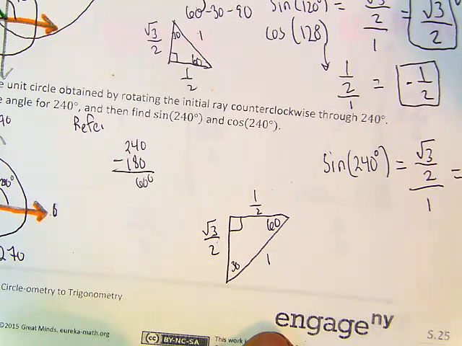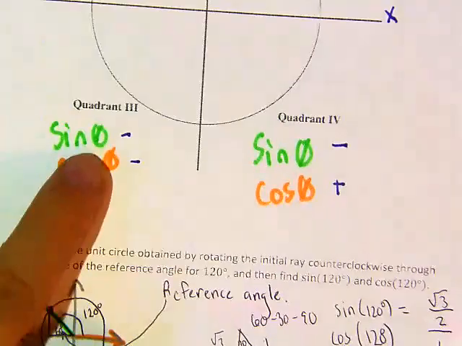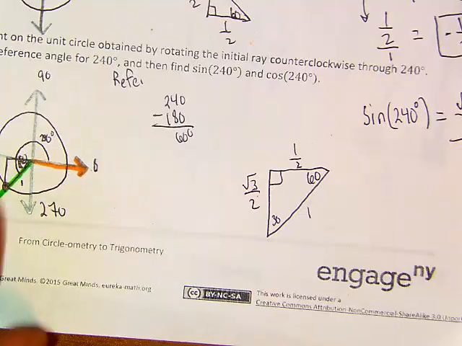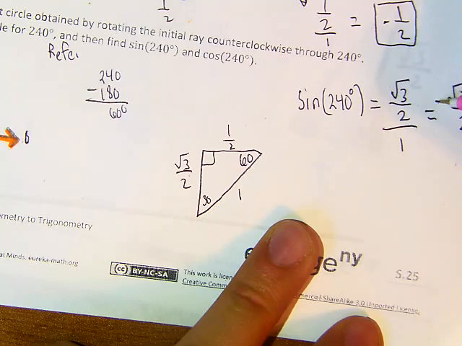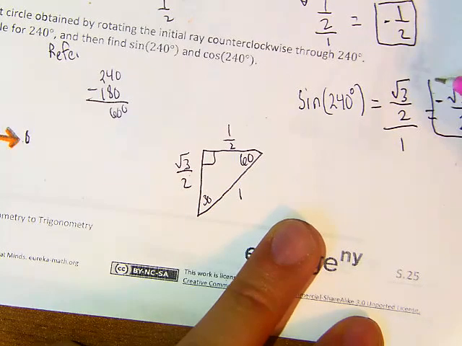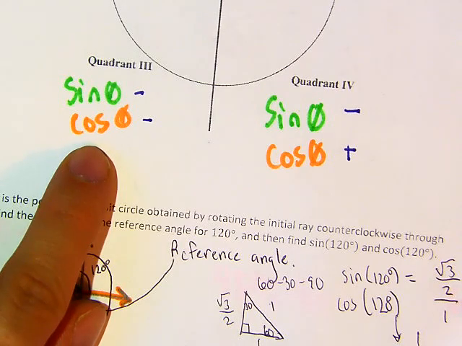But wait a minute. Positive or negative? We have to look here. It's in quadrant 3, right? If it's in this quadrant on the bottom, then it's negative. What about our cosine theta? Positive or negative? It's going to be negative.